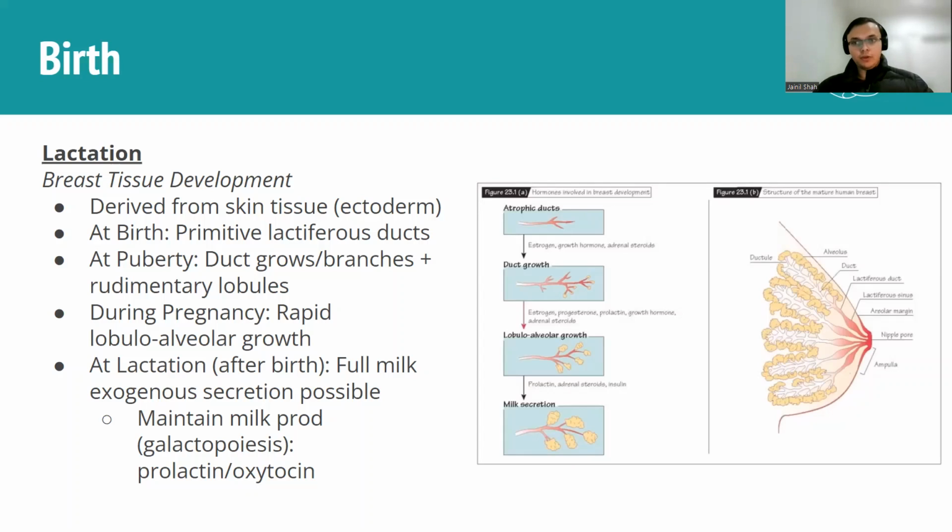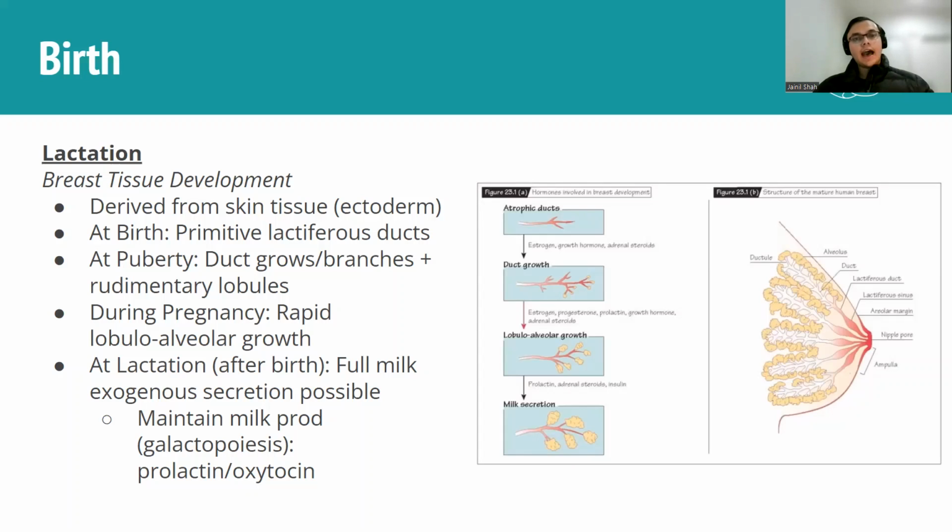The lobules and the alveoli rapidly grow, and you start having some basic secretions, such as internal secretions of immunoglobulin. But nothing is really happening just yet because the high levels of progesterone and estrogen are inhibiting prolactin from really doing much.